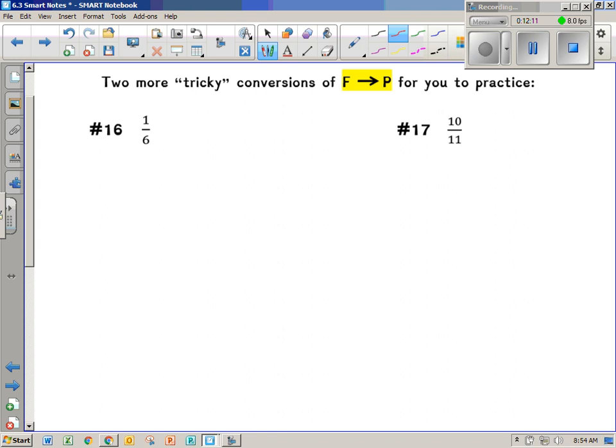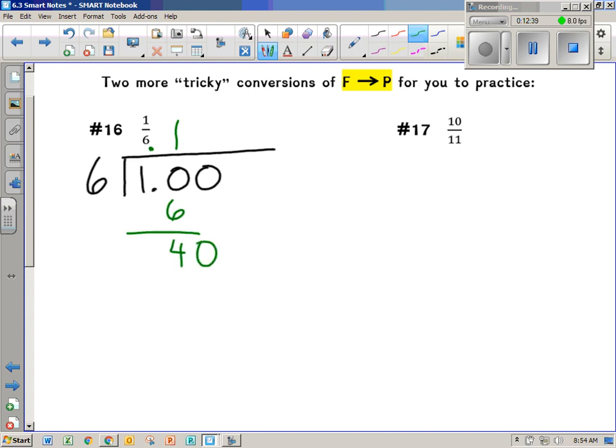So here's a couple more examples of the tricky type of going from a fraction to a percent. So you could either follow along with me or pause and try it and then come back. I'm going to go ahead and just keep going with it. So let's say I have 1/6. I know I'm going to a percent, so I'm just going to go ahead and put my 2 zeros, and I know I'm going to stop there. So pick up my decimal here and start dividing. 6 into 10, 6 into 40.